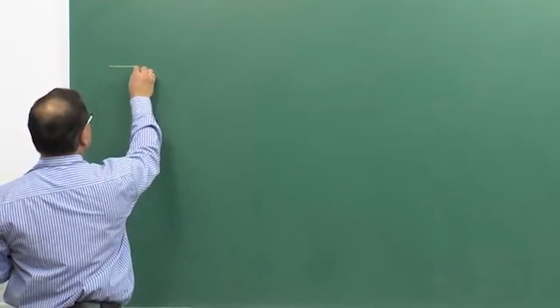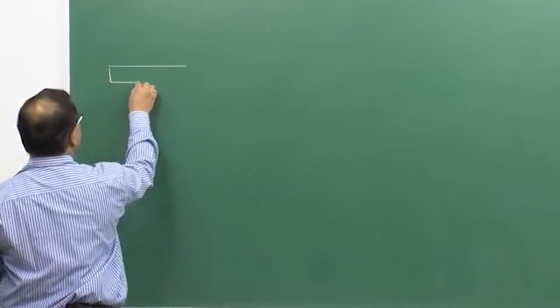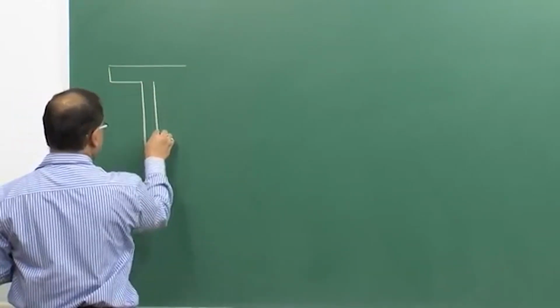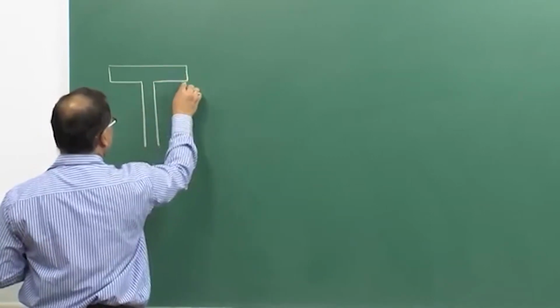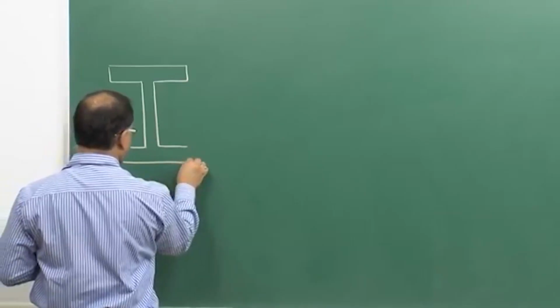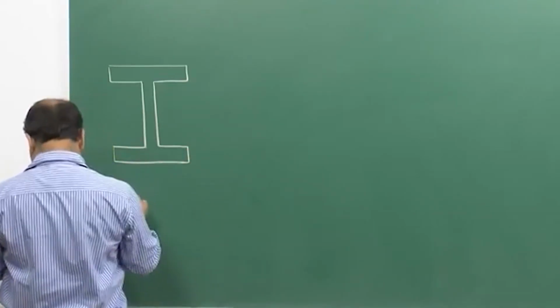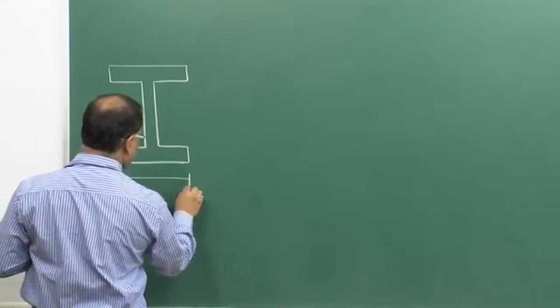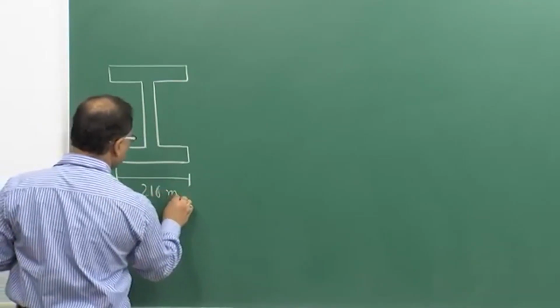So, this is the cross section of the beam, an I beam. This is 210 millimeter.